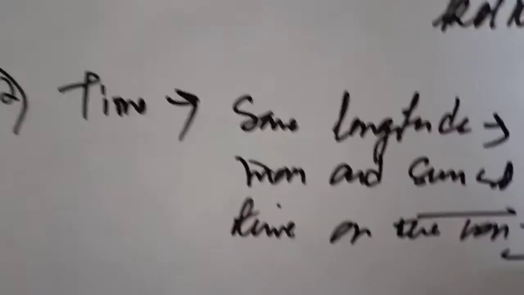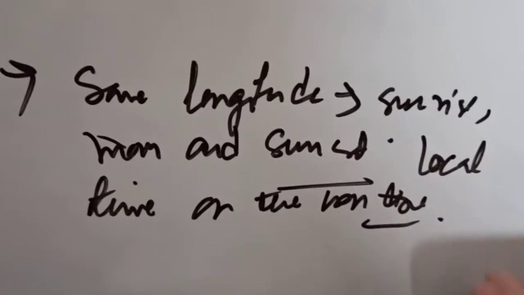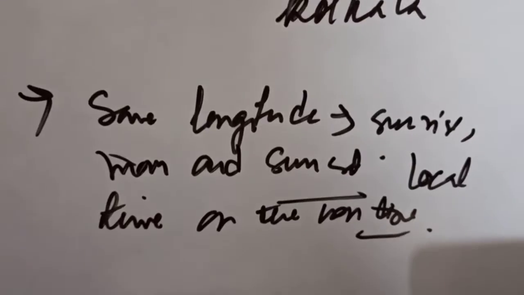The local times of different places located on different longitudes can be determined easily. With the help of this longitude we can know the local time of any place on the earth's surface very easily.